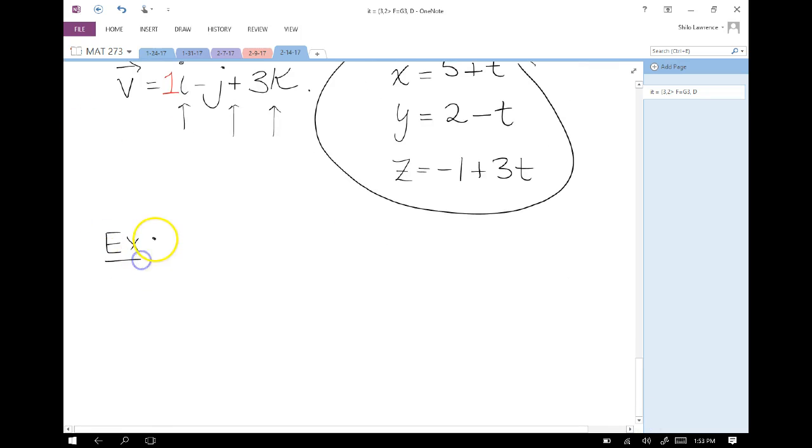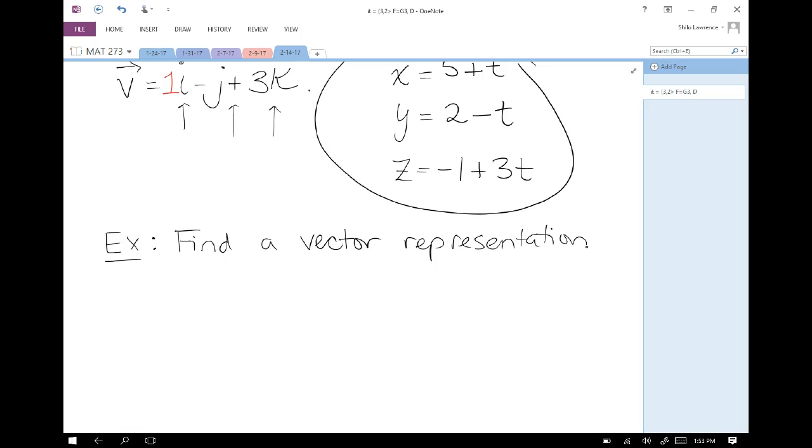For our next example, it's a little bit different. We're going to find a vector representation. And all that means is we're not going to write it out as x equals, y equals, z equals. We're going to take those and put them in the x, y, z spots in a vector.